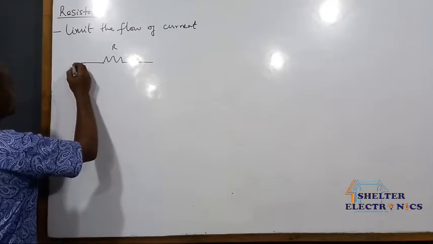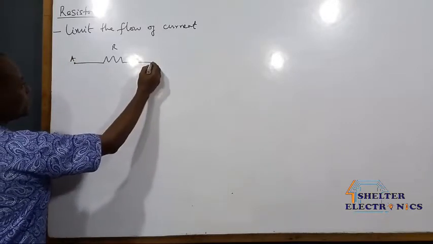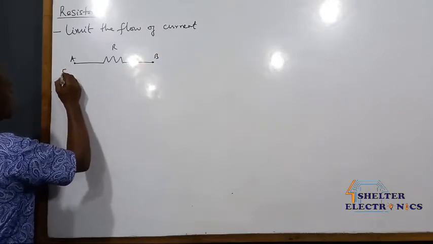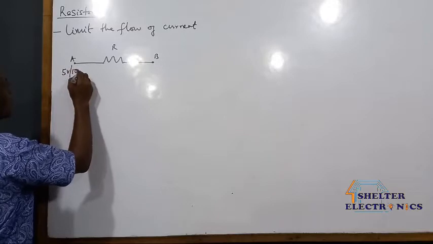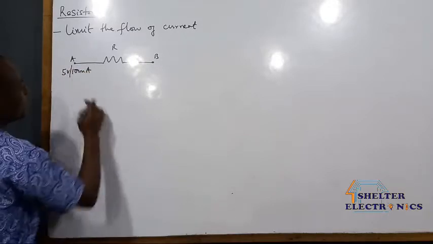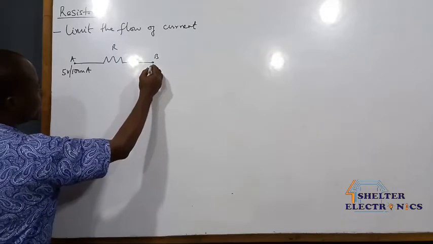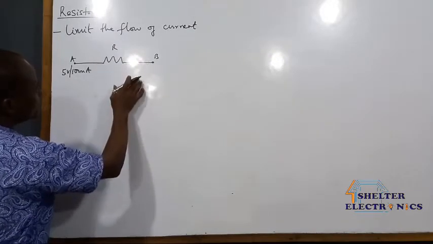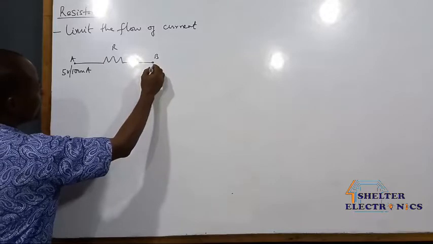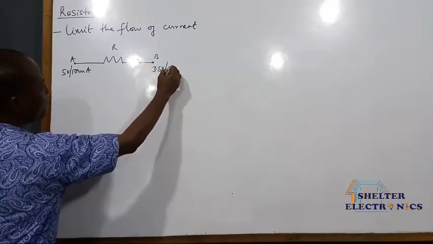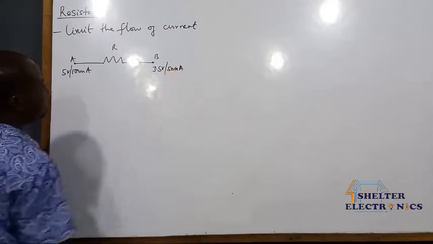Now let's assume that this is point A in the circuit and then this is point B. Let's say at point A in this circuit you have a 5-volt signal at 100 milliamps passing through this resistor to point B. Depending on the value of this resistor, at point B the signal may have become 3.5 volts at 50 milliamps.